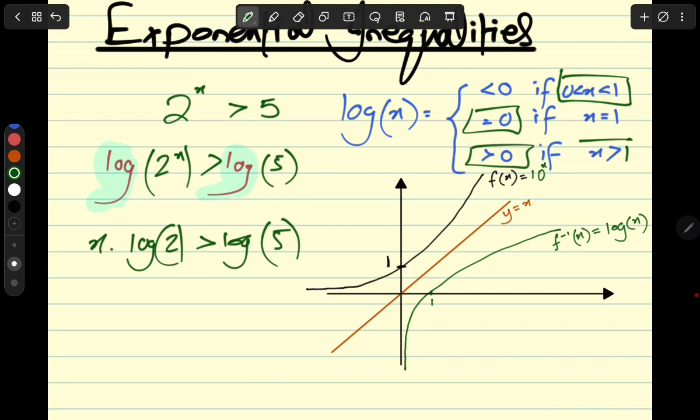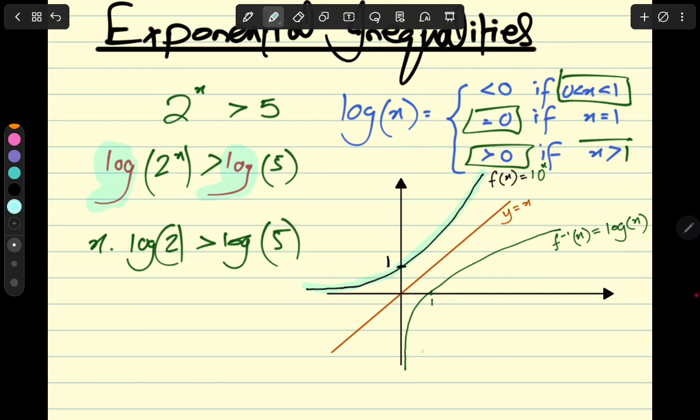Why? Because if f of x is 10 to the power x, then this is how the graph behaves. At 10 to the power 0, it is 1, and beyond that, it is greater than 1, and when x is less than that, it is greater than 0 but between 0 and 1.